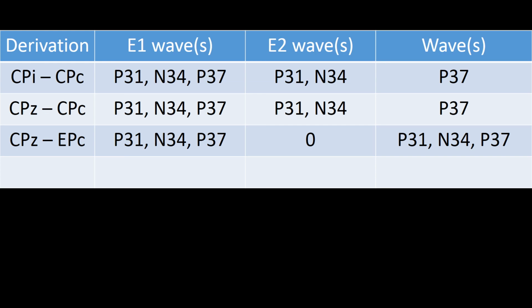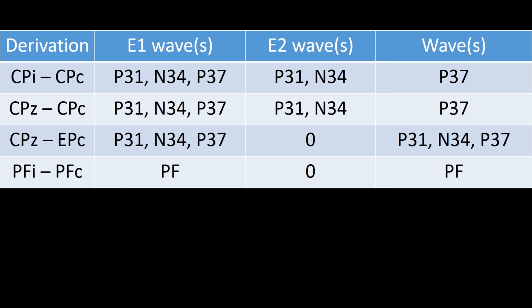P37 with P31 and N34 can also be found using CPI or CPZ if referred to a neutral point such as EPC, that is Erb's point potential, contralateral to the stimulus.